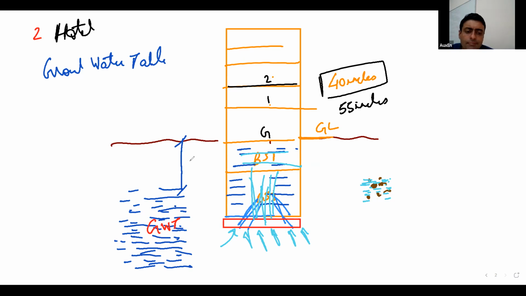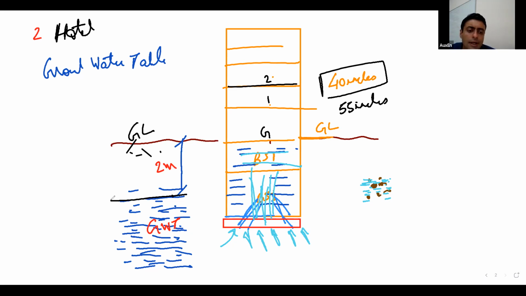So let us say this is 2 meters. This will mean that from your ground level, this is your ground level, 2 meters below is the groundwater table.